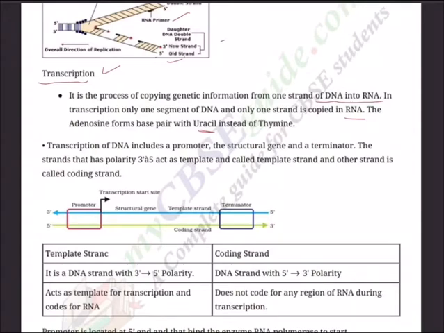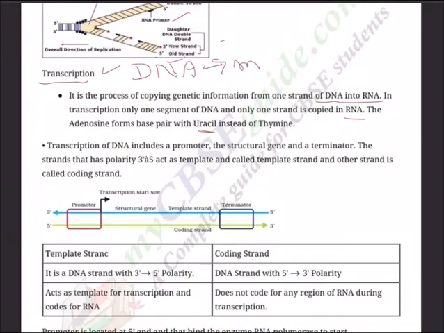Of course, we said long back that thymine will be replaced with uracil in the RNA. So transcription is a process of making a copy of genetic information stored in a DNA strand into a complementary strand of RNA. That complementary strand of RNA we call mRNA. So you must remember, transcription means DNA becoming mRNA.